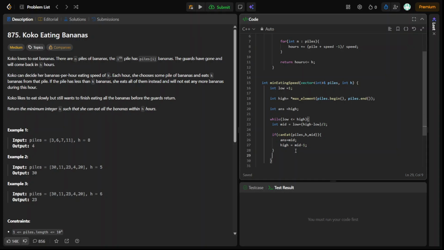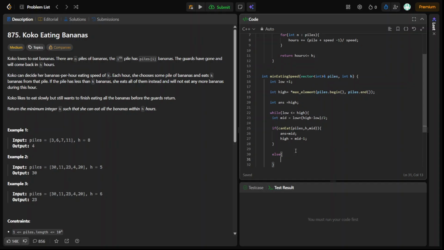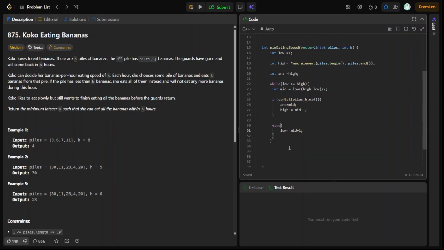And else, if this condition is not satisfied, because it gives false and it is greater than the target, then we will find the answer in the right part. So the high will not move, the low would move to the right part, so that the searching array becomes shorter and we can find the answer.